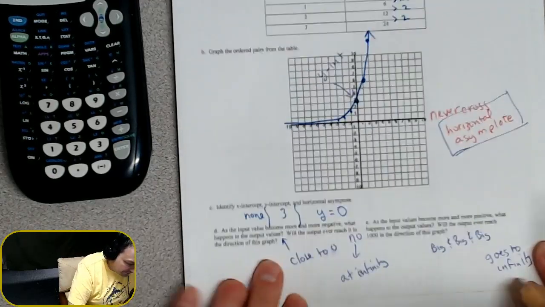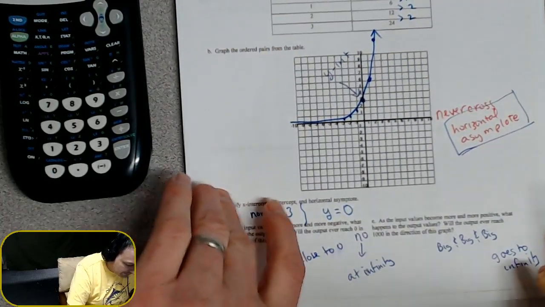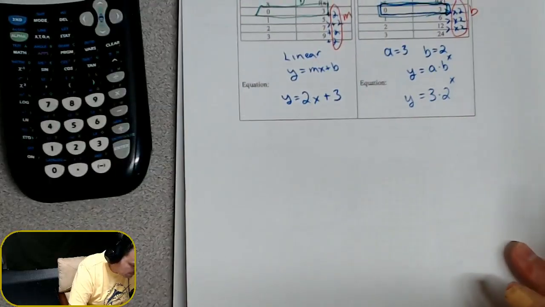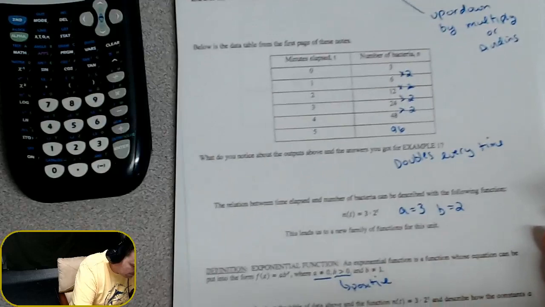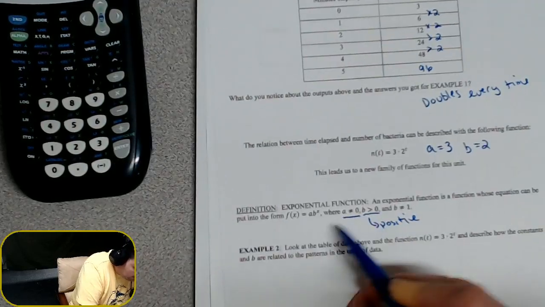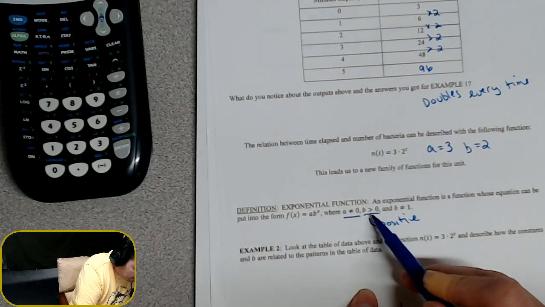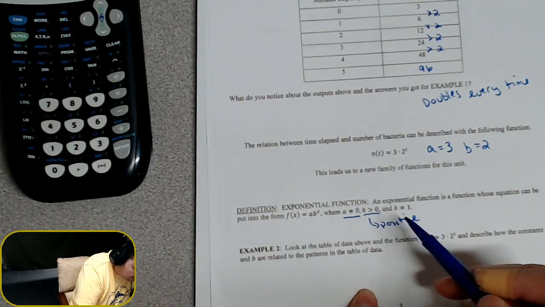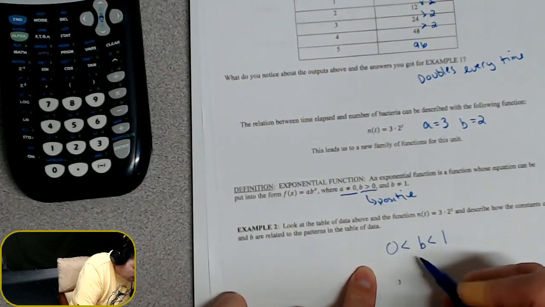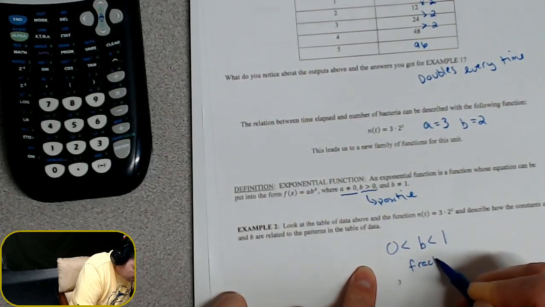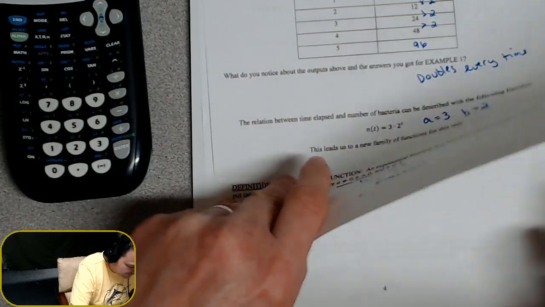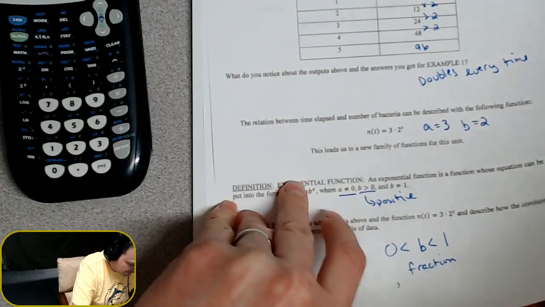So the difference is, back to the first sheet, the difference is the b right here. You see how, the definition, the b. If b is between 0 and 1, in other words, a fraction, like 1/2, take a look.